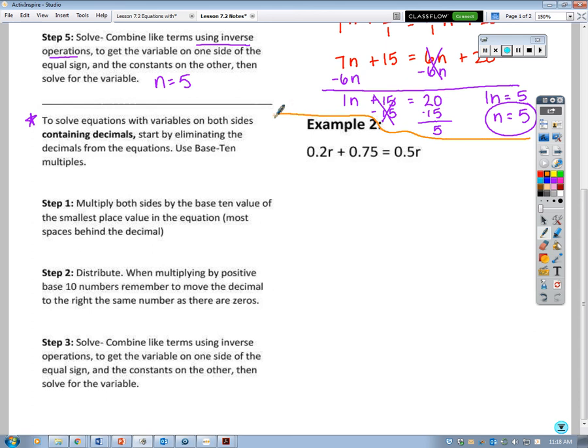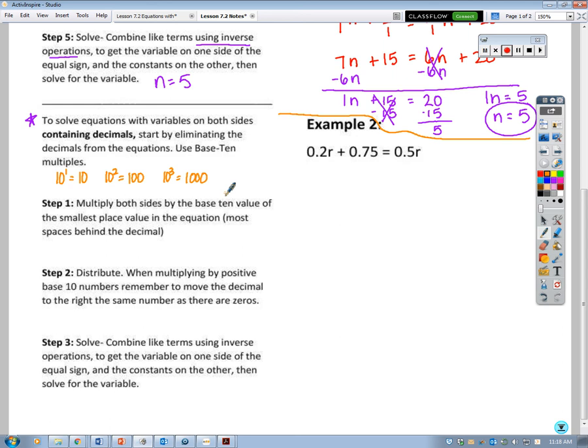We're using base 10 multiples here. So we've got base 10 multiples, which are 10 times 1, or 10 to the first power, which is 10. 10 to the second power, which is 100. 10 to the third power, which is 1,000. So these are all base 10 multiples, right?